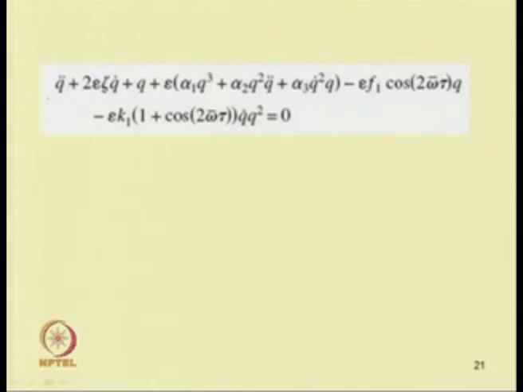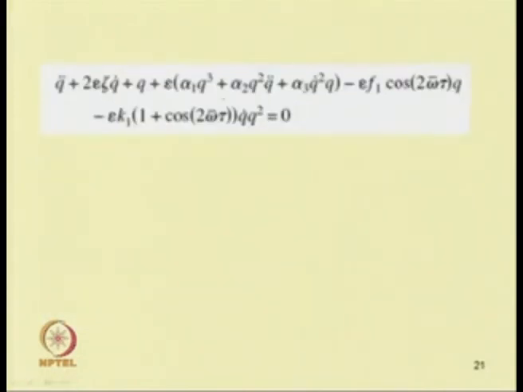So, by taking a known shape function or the known eigenfunction of the system, one can easily find these coefficients and convert this equation in space and time to the temporal form. To apply the Galerkin method, let us consider this equation.